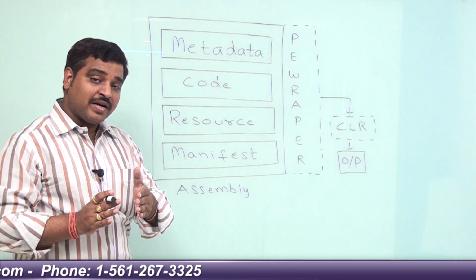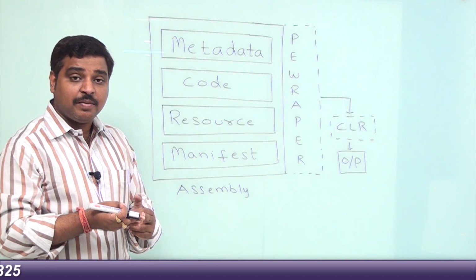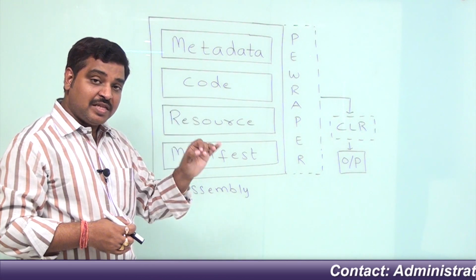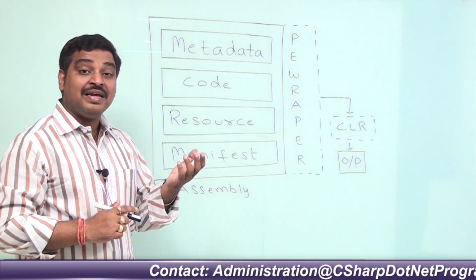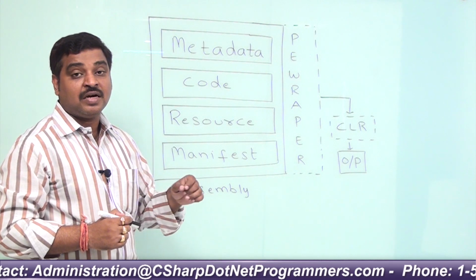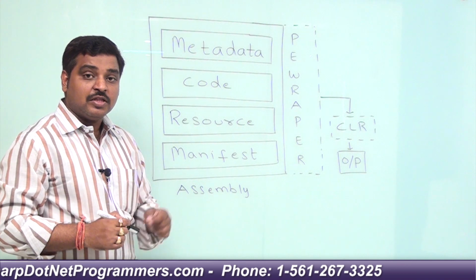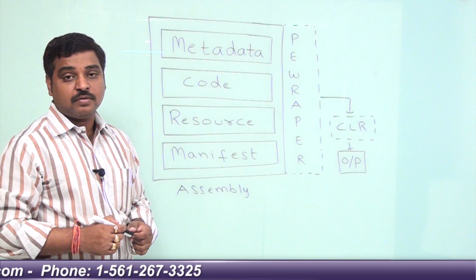With the support of metadata, we can get the details about the base class libraries used in your application, but the code within the assembly is in some kind of intermediate format which no operating system understands. Whereas in an executable file, the code was in the platform dependent format.